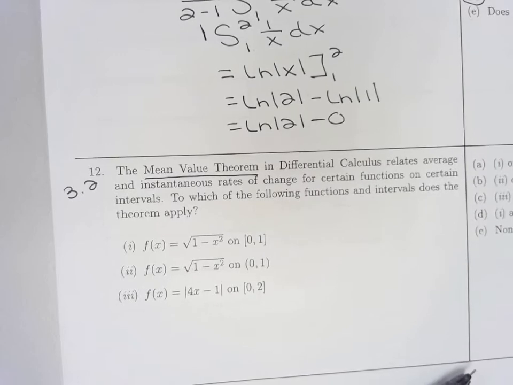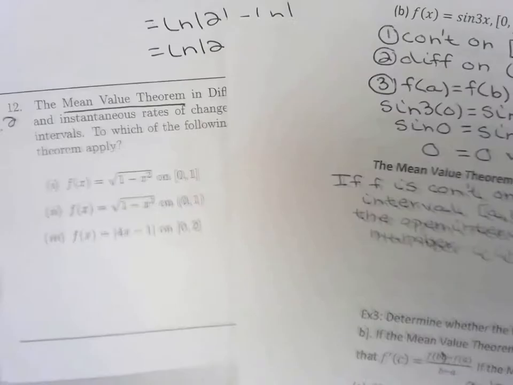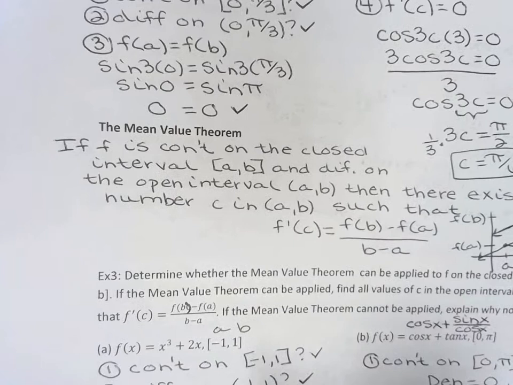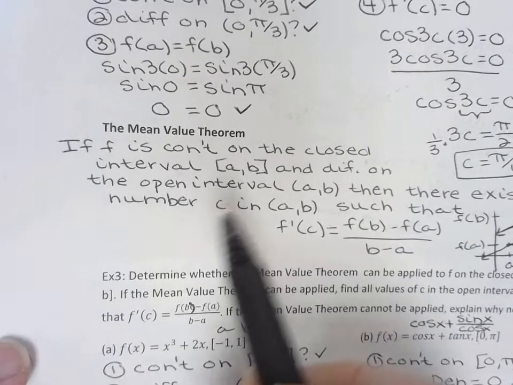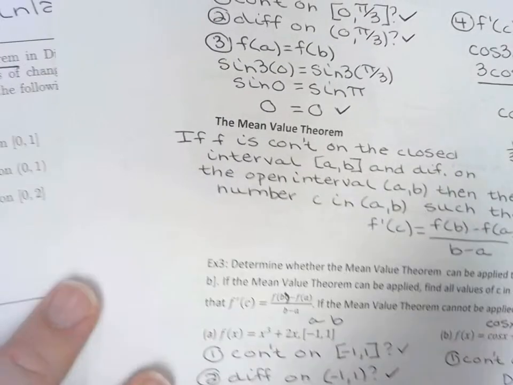I think we had one on the test where it wasn't. Isn't it the open interval? Let me look. I thought it was. Okay, 3.2. Let me find that theorem. Rolle's theorem and mean value theorem. Okay. Mean value theorem: if f is continuous on a closed interval [a, b] and differentiable on the open interval (a, b). So let's check continuity first.